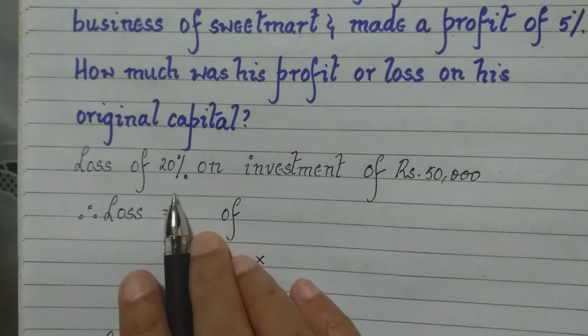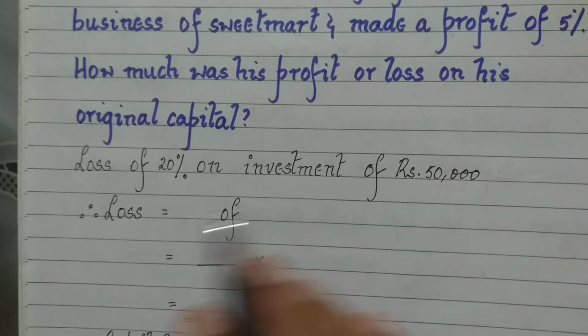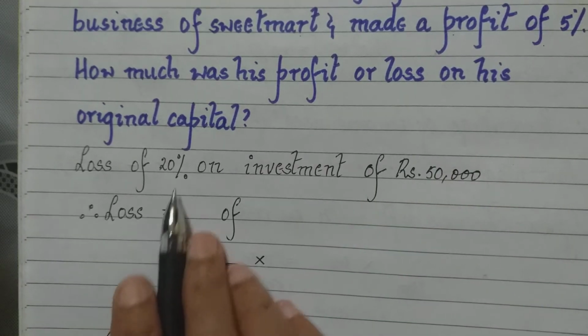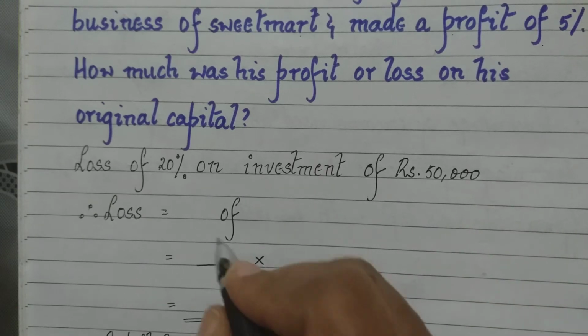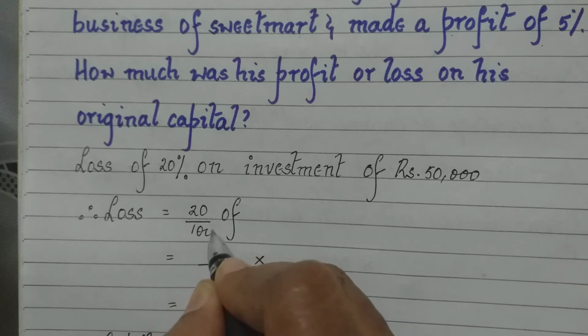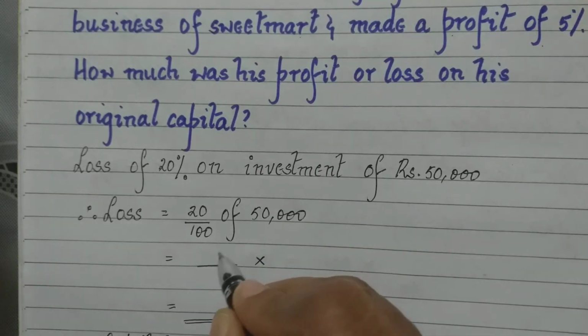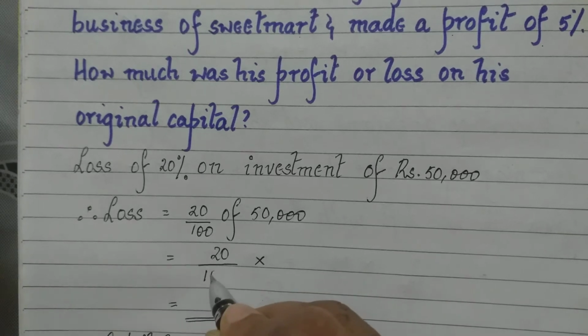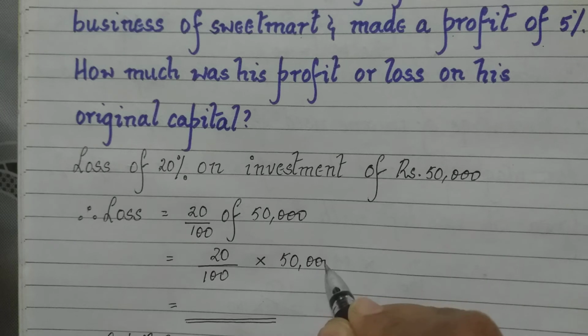If 20% is the loss percent on 50,000, to find the loss I have to do 20% of 50,000, and 'of' is nothing but multiplying. So 20% of 50,000, 20 upon 100 into 50,000.